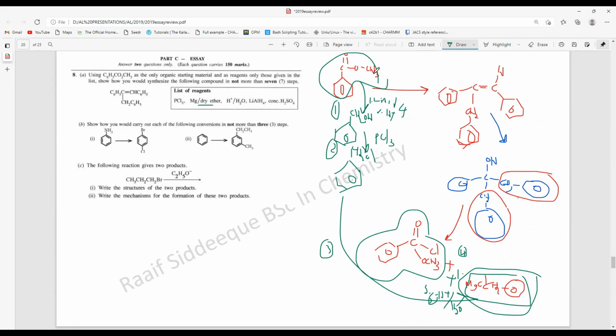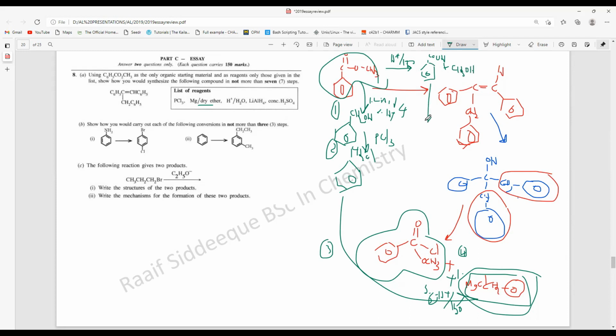Otherwise, you can go for hydrolysis with H plus H2O. When you hydrolyze this with H plus H2O, you end up with benzoic acid, COOH. The alcohol is automatically formed here as well, so there will be CH3OH, methanol, formation.